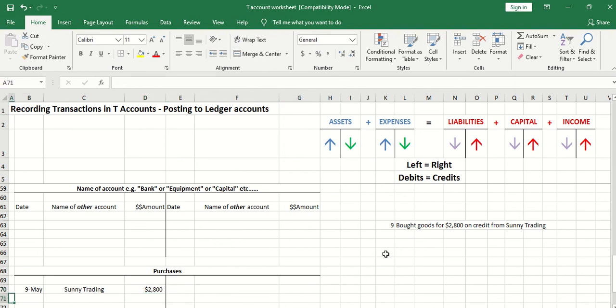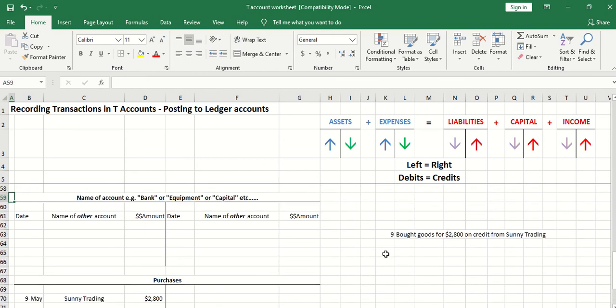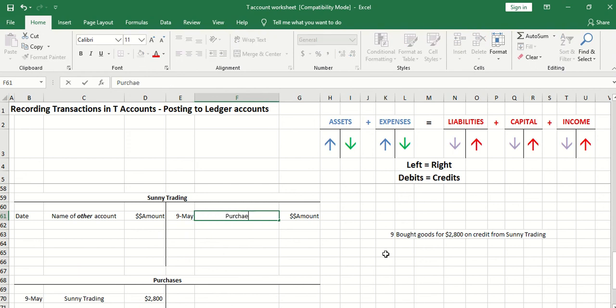And then I'm also going to need to create an account for Sunny Trading. And 9th of May, purchases $2,800.